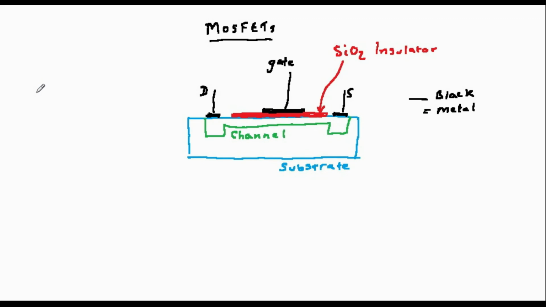Because there is no direct connection between the gate and the channel, the MOSFET has a very high input resistance, i.e. gate resistance. In fact, the gate looks just like a capacitor, and the presence of this capacitance ultimately controls the speed of the device. The high input impedance has a disadvantage though.